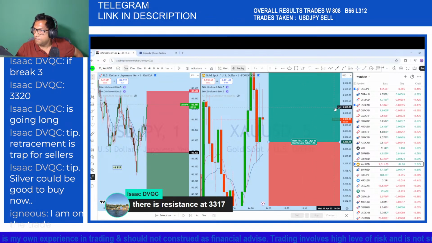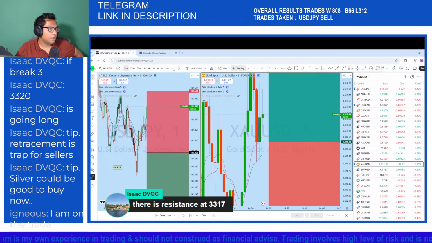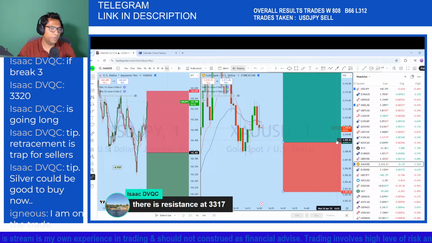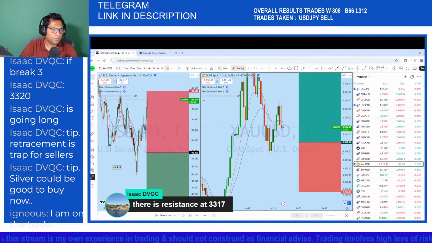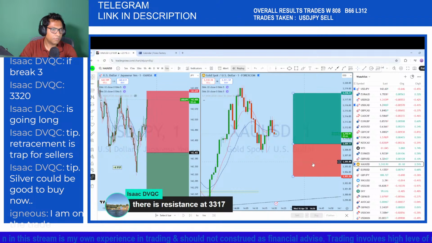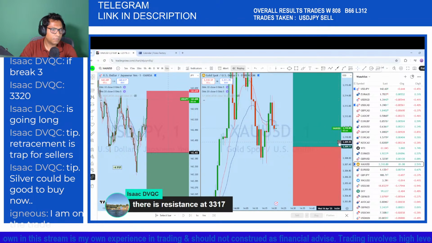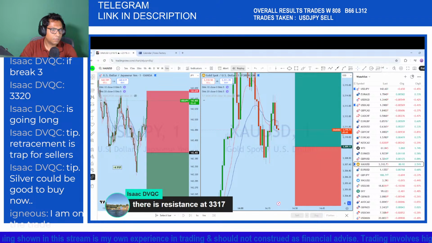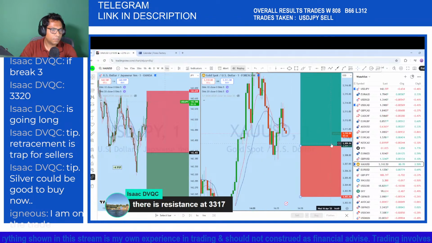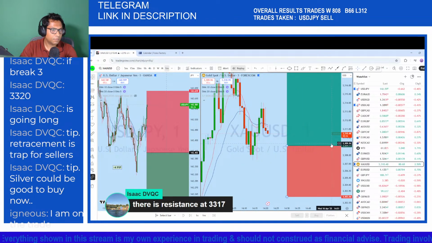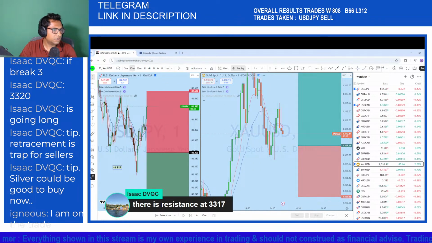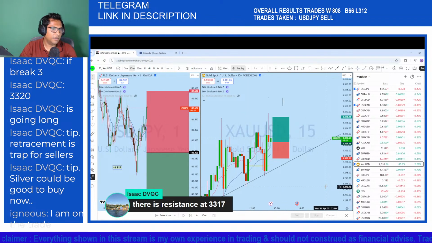So there is a, if we look at doji formation, it just failed to create a higher high.